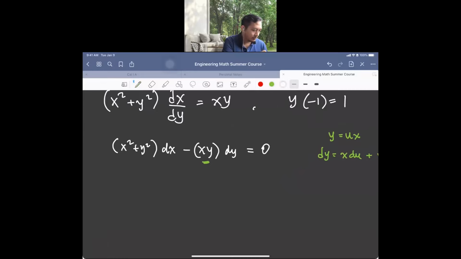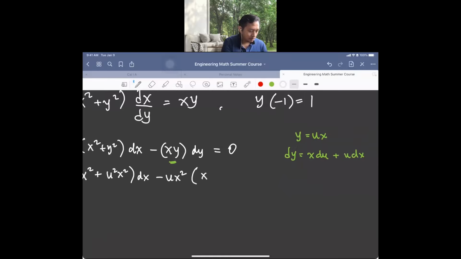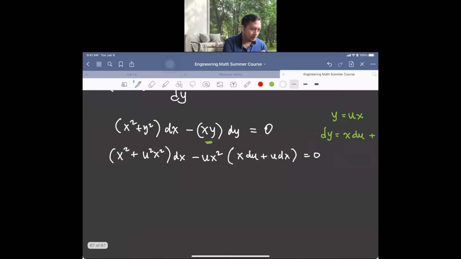So x squared, still x squared; y becomes u squared x squared, okay, and dx still dx, minus xy, this becomes ux squared, sorry, ux squared, okay, and dy becomes this, x du plus u dx. We solve one by one.